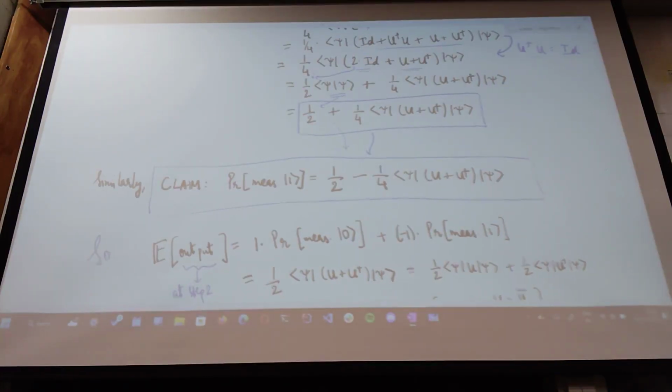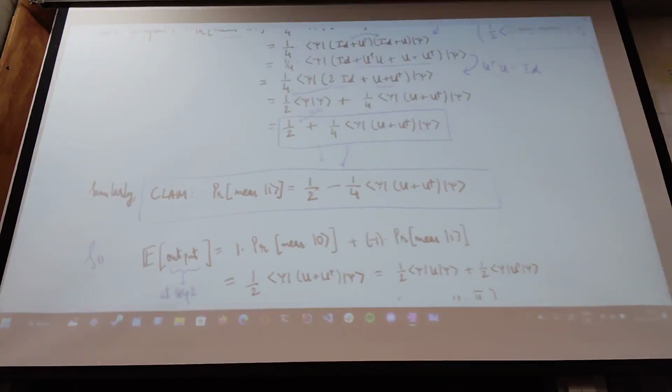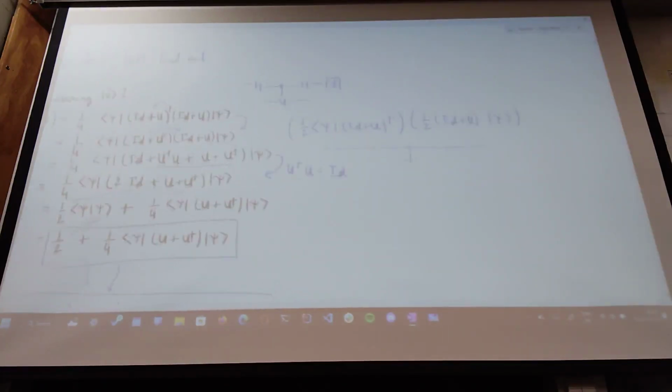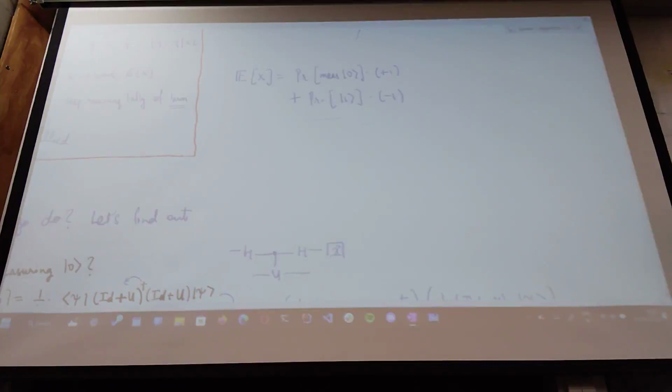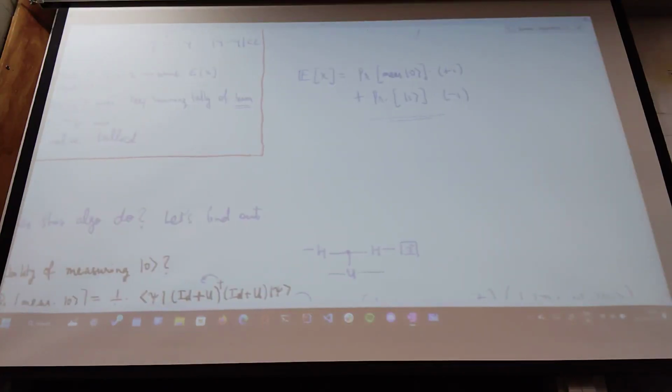And then we now have all the resources we need to compute the expectation value of x, which we define like this.